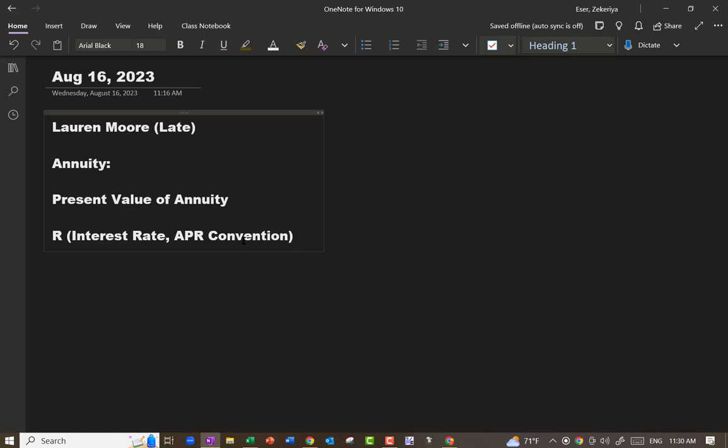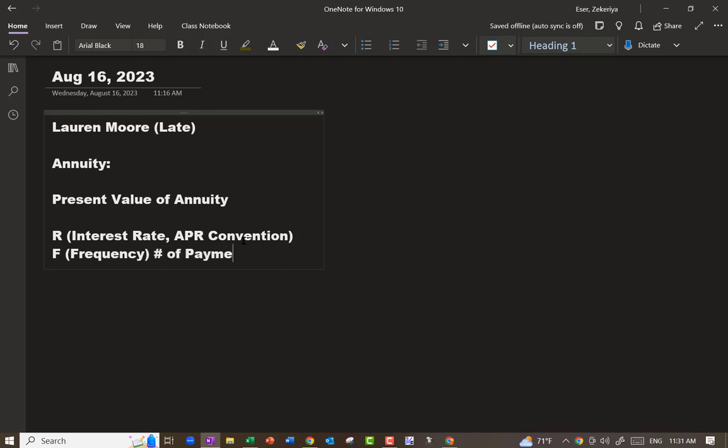So we're going to do all our calculations as APR. If somebody tells you the effective annual rate, we have an easy way to convert that into APR. F is frequency, the number of payments in a year.